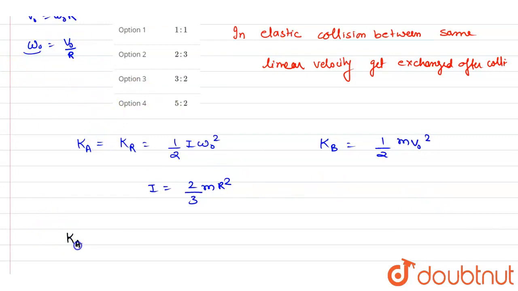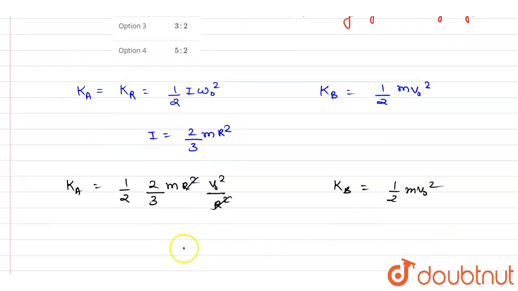So the kinetic energy of A is half, it is 2 by 3, this will get cancelled out. And here it is half. So you can just divide the two.